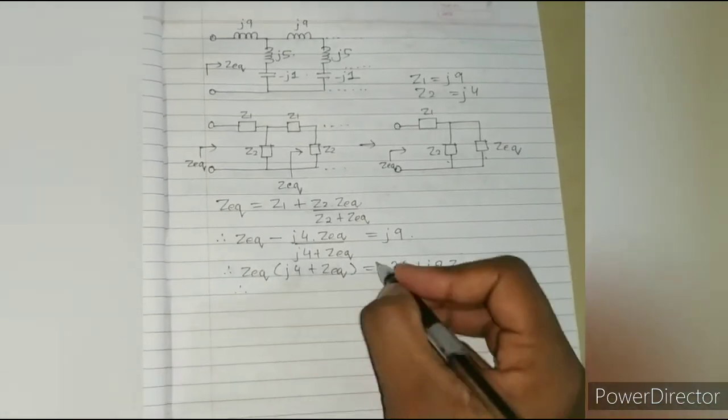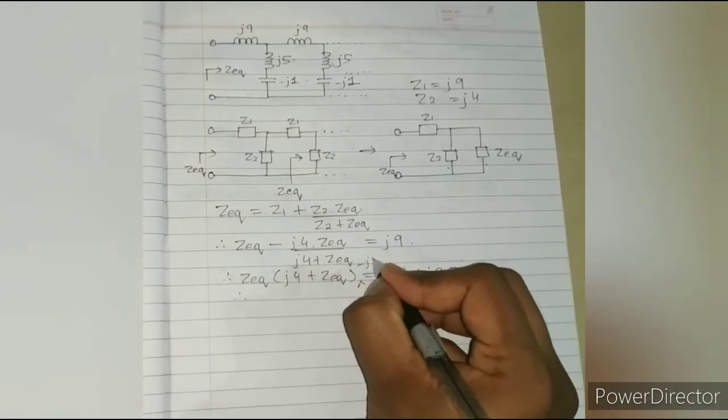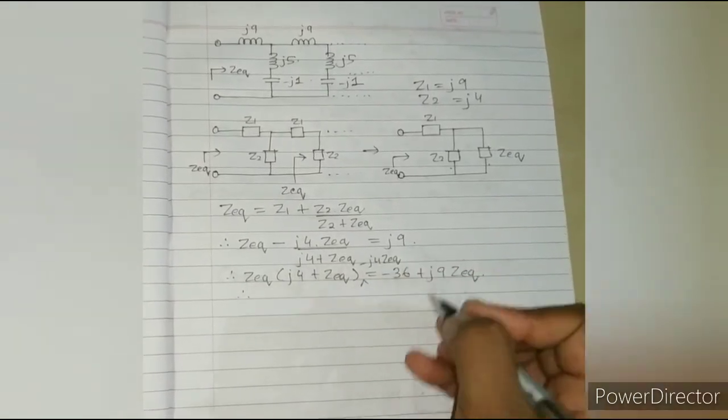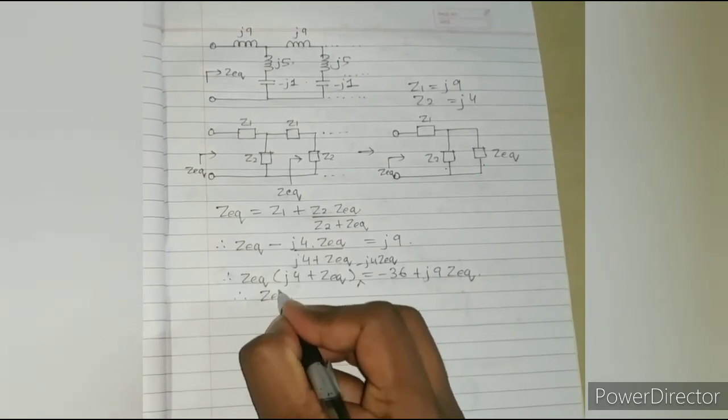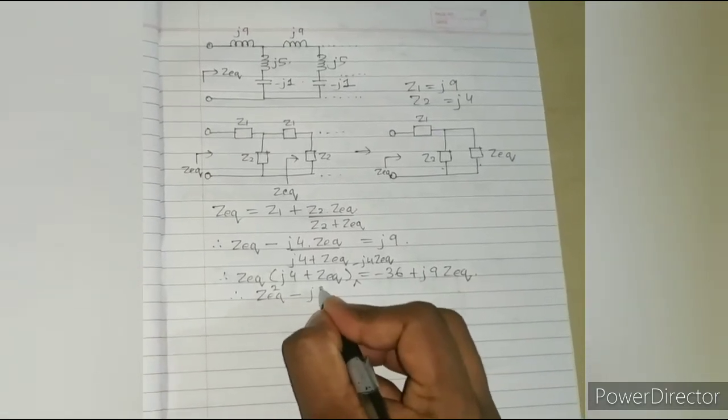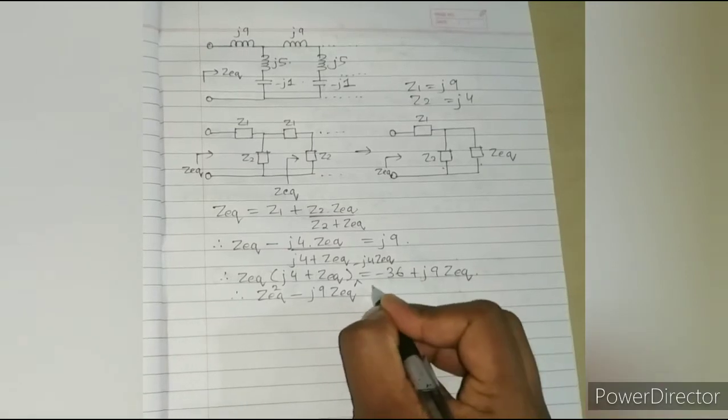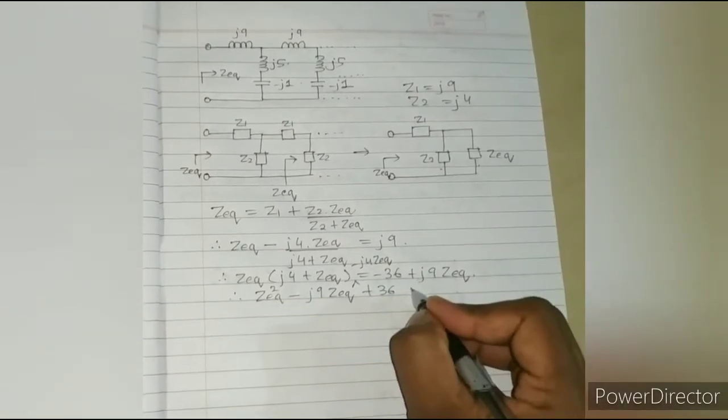Therefore, there should be a minus J4 Z equivalent over here also. Therefore, Z equivalent square minus J9 into Z equivalent plus 36 is equal to 0.